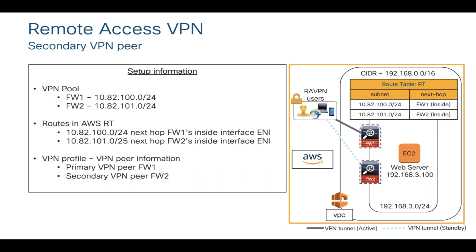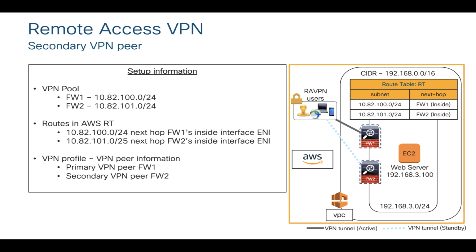Accordingly, if you look at my route table, I have a route going to 10.82.100.0/24 going to the ENI or interface ID of my firewall 1's inside interface. Similarly, I have another route which points back to the inside interface of firewall 2.